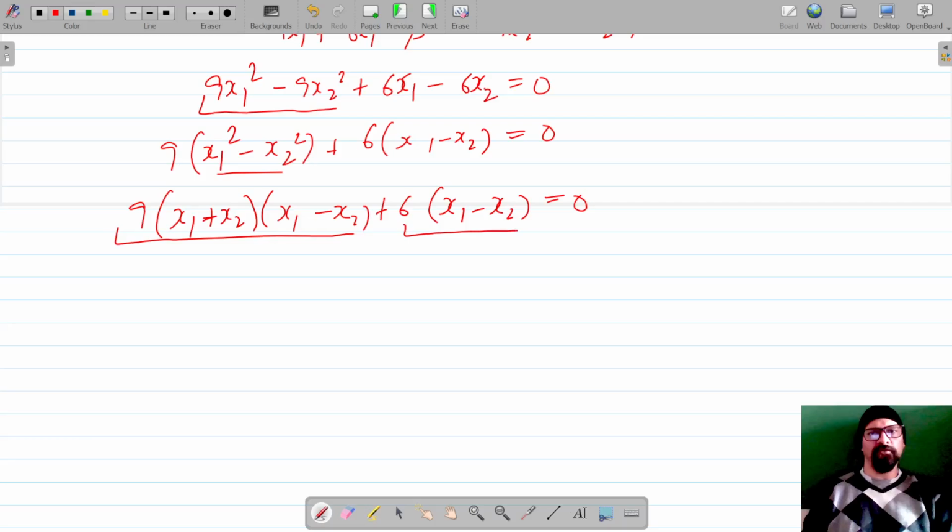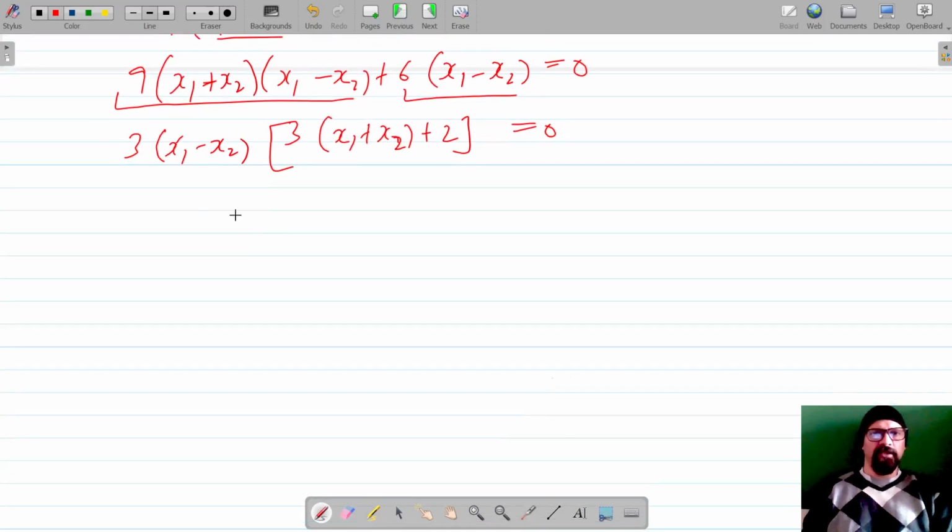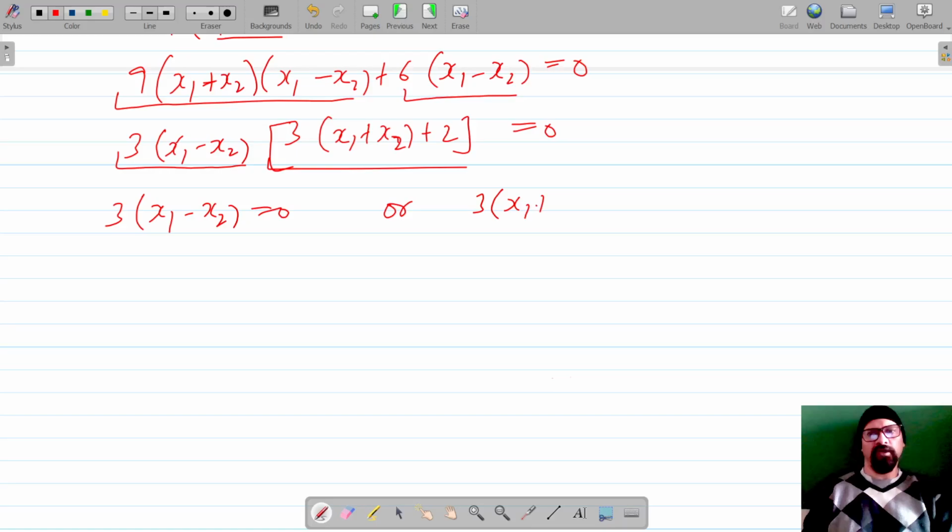Now for these two terms, our common factor is 3 into (x1 minus x2), and we are left with 3(x1 plus x2) plus 2 is equal to 0. Now out of these two factors, either 3(x1 minus x2) is equal to 0, or 3(x1 plus x2) plus 2 is equal to 0.